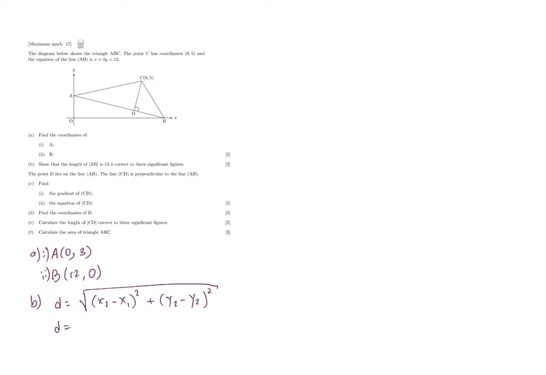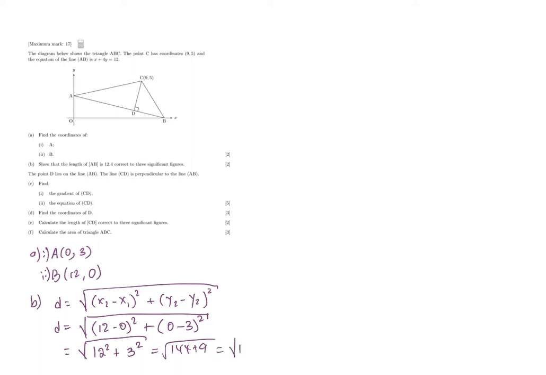So I'm going to substitute x2, y2 as the coordinates of B and x1, y1 with the coordinates of A. So this is going to be the square root of 12 minus 0 squared plus 0 minus 3 squared, that is 12 squared plus minus 3 squared, which is the same as 3 squared, and that is the square root of 144 plus 9, the square root of 153, which when we calculate is equal to 12.36931.